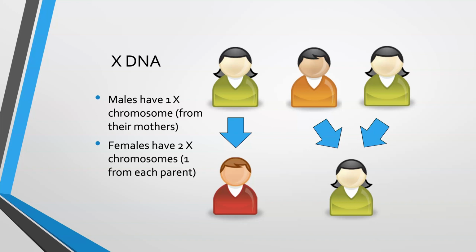We've seen Y DNA patterns that go all along the patrilineal line as far back as you can imagine. We've seen mitochondrial DNA patterns that go all the way back on the matrilineal line as far back as you can imagine. And we've seen autosomal DNA inheritance that can be on all the lines going back at least several generations. But what would it look like for xDNA inheritance?